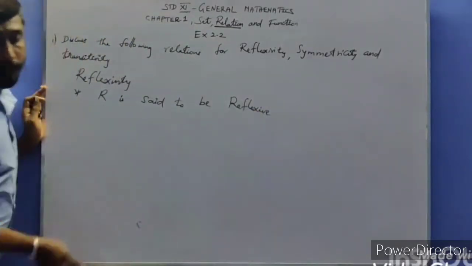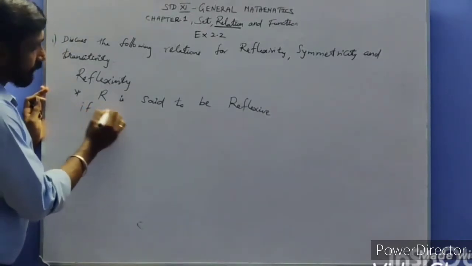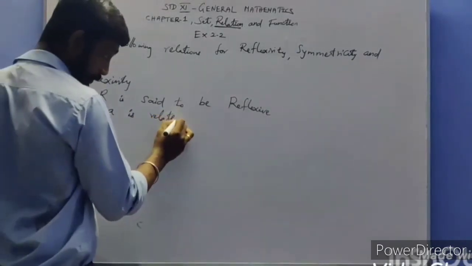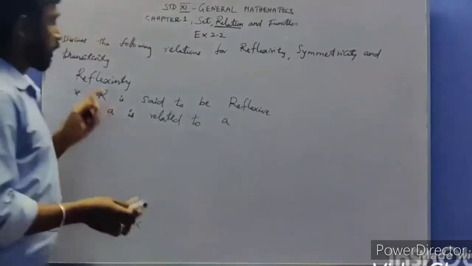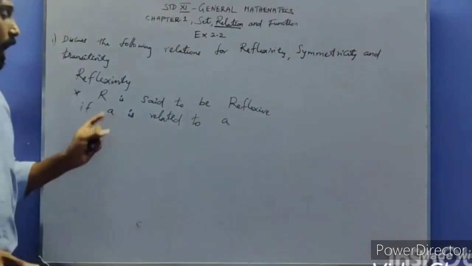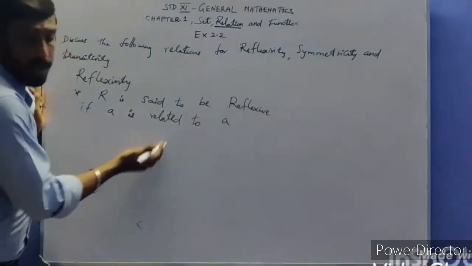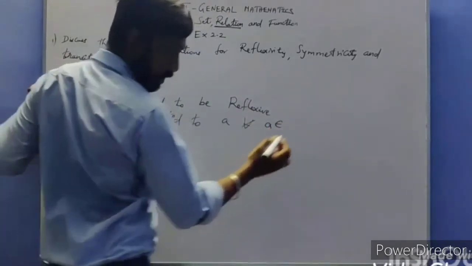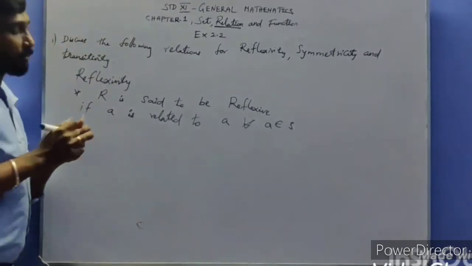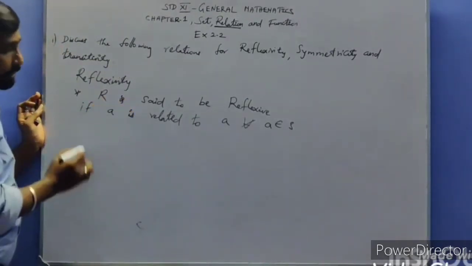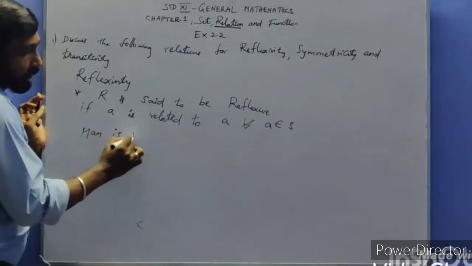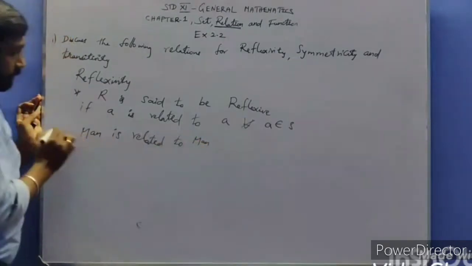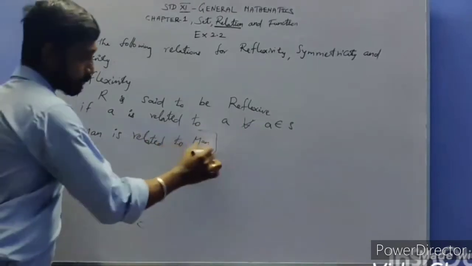So R is said to be reflexive if A is related to A, that means A belongs to S. An example for this: man is related to man. This one is an example for reflexive.